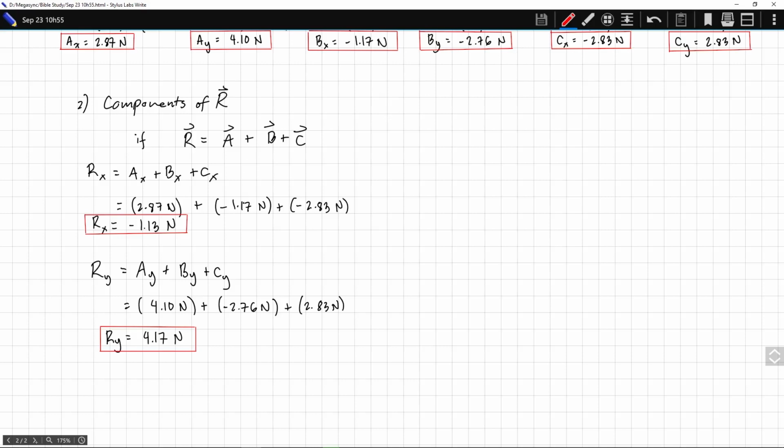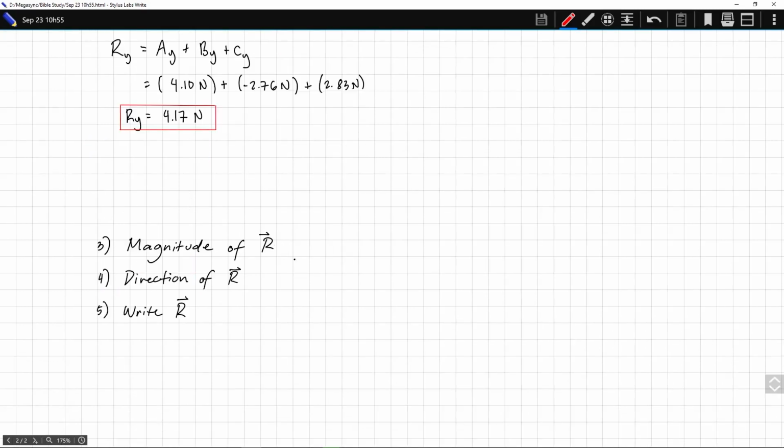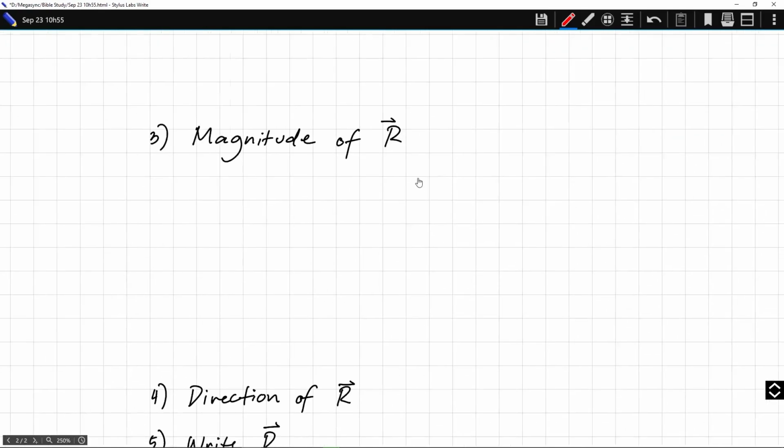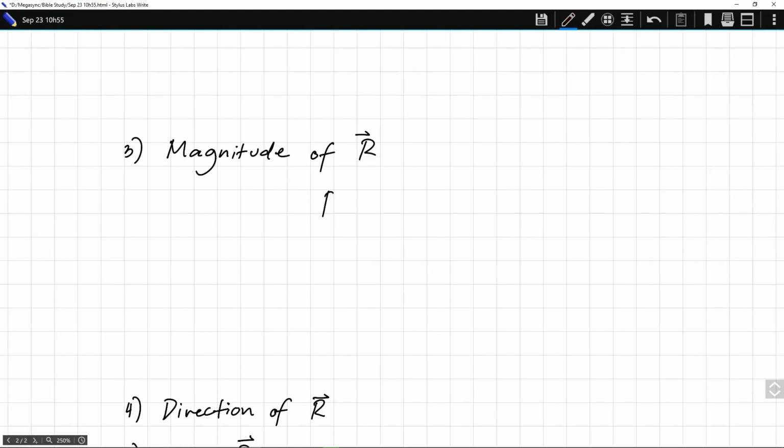Okay, now that we have our x component and y component for our resultant vector, we can now proceed to the next step, which is to find the magnitude of r. To solve for the magnitude of our resultant vector, we will use the equation r is equal to square root of r sub x squared plus r sub y squared.